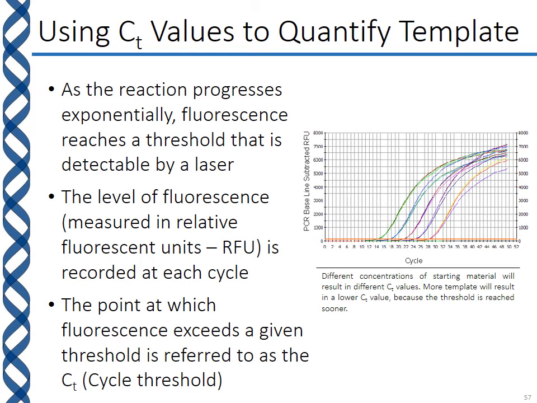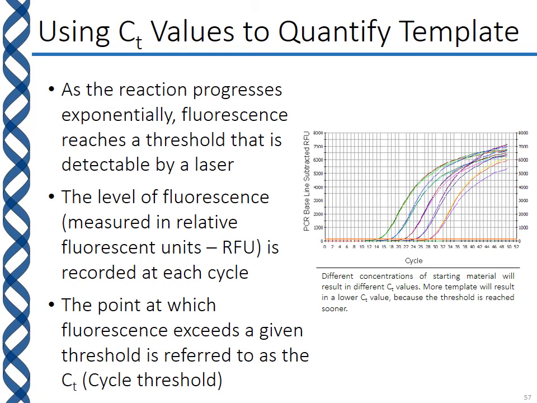Now, if you recall the previous slide with the SYBR Green, we saw that even at the denatured stage, there is some level of fluorescence. It is drastically reduced relative to the intercalated stage where the two strands are bound together.